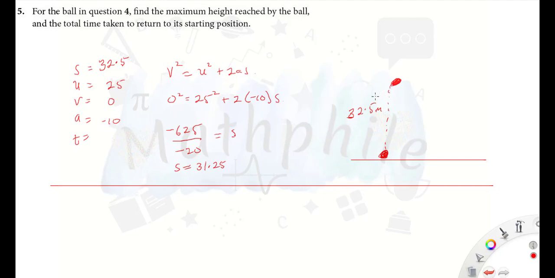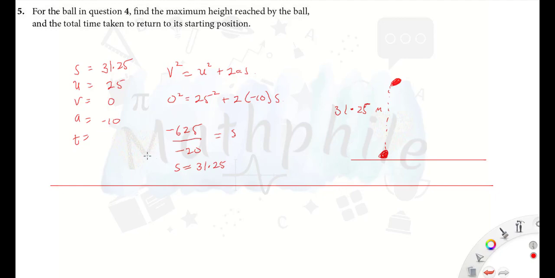So where did you get the 32 from? Oh, yes, sorry, it was 31.25. Correction: how can I write 31 and write 32 over there? So that is 31.25 meters.